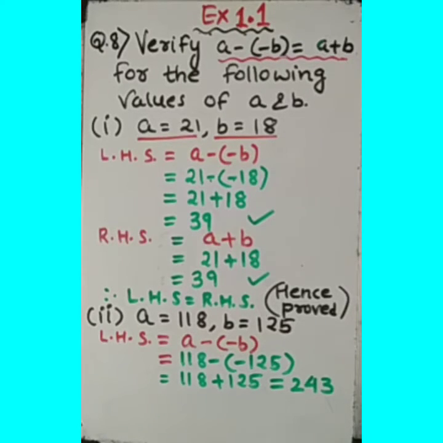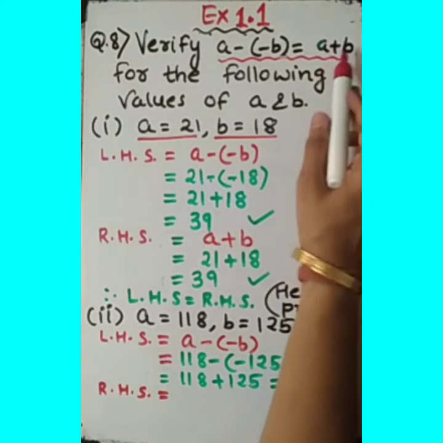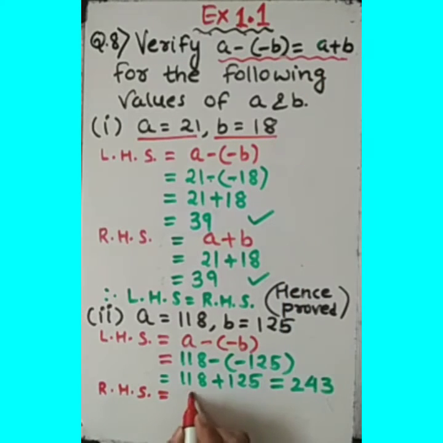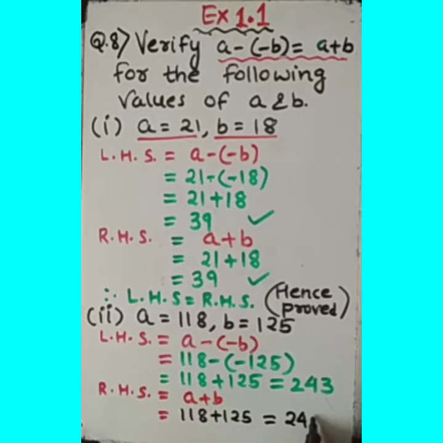So now I am writing the RHS portion, right hand side. Right hand side is simply A plus B. So let's note down what is A. That is 118 plus 125. So the sum of this is coming 243.